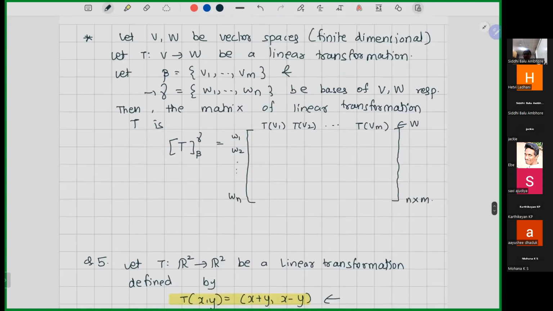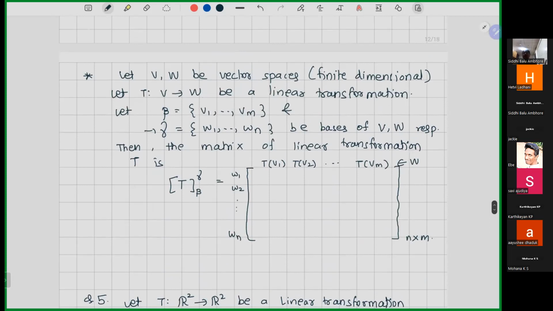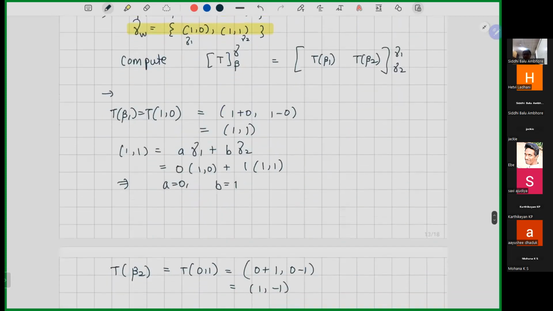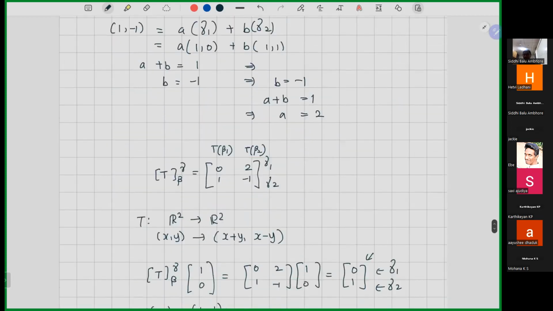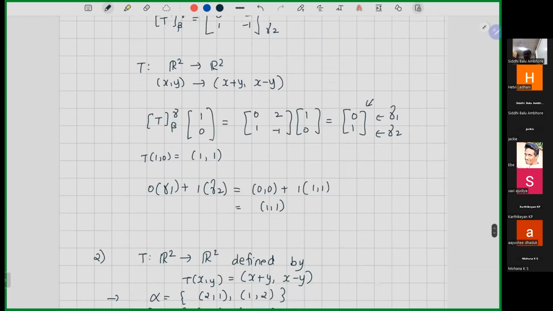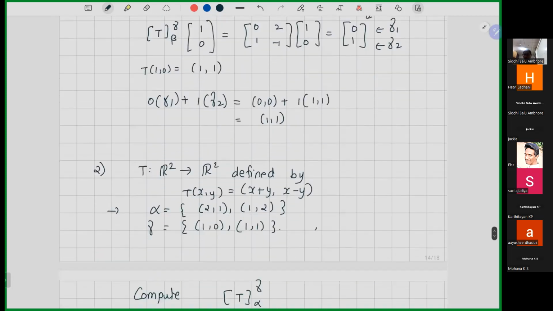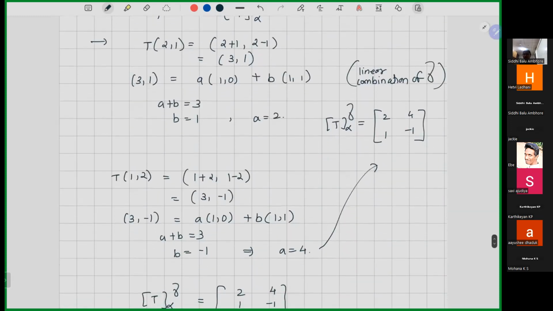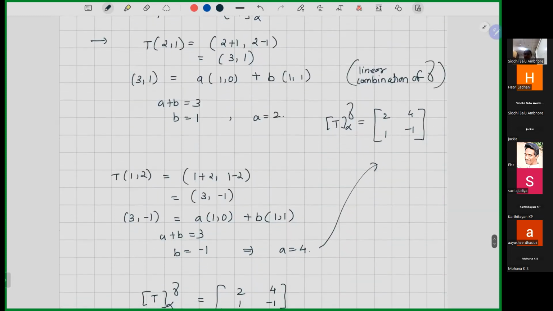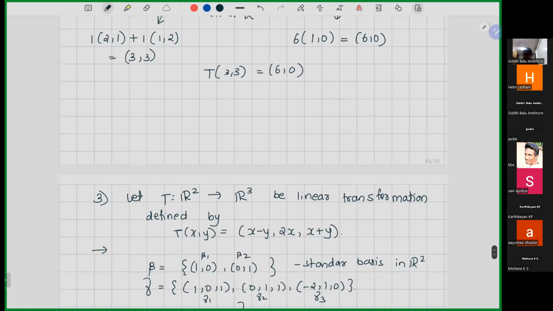Finally, we learned about linear transformation matrices, how to calculate them and what exactly they represent when we multiply or obtain the images using the linear transformation matrices with respect to given bases. Make sure that when you write the columns, they correspond to the images, and the coefficients are written in the rows.